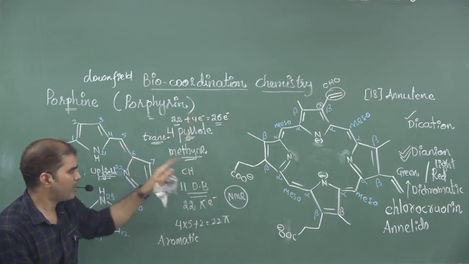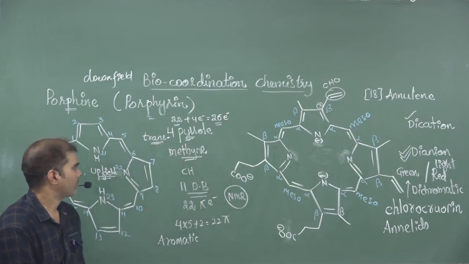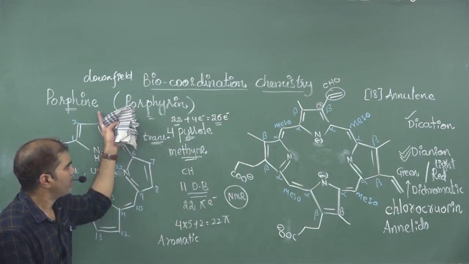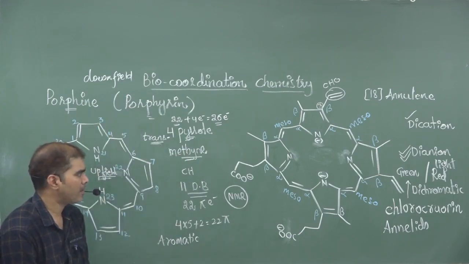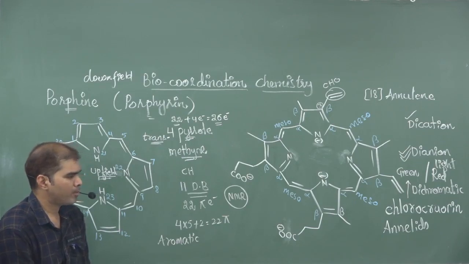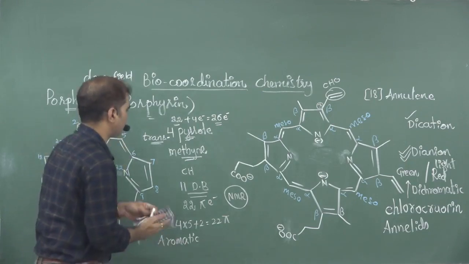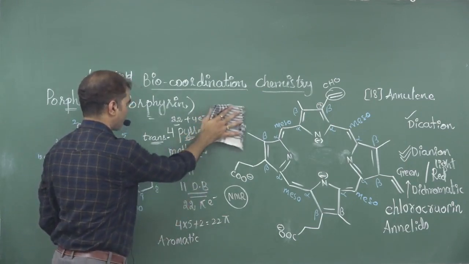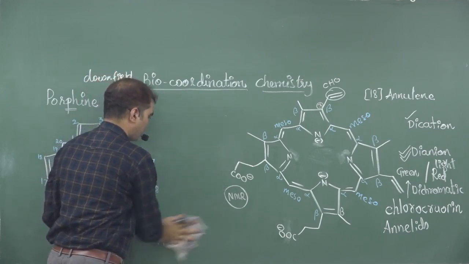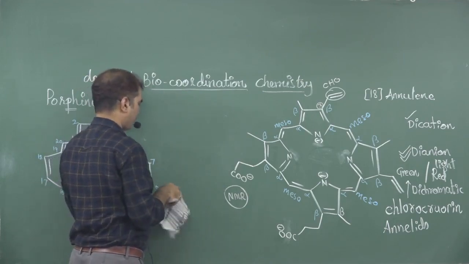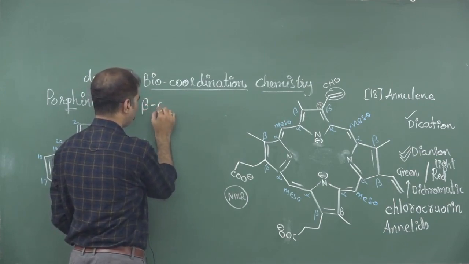Okay. So first note down the points about this. Porphyrin has 8 alpha positions, 8 beta positions, and 4 meso positions.